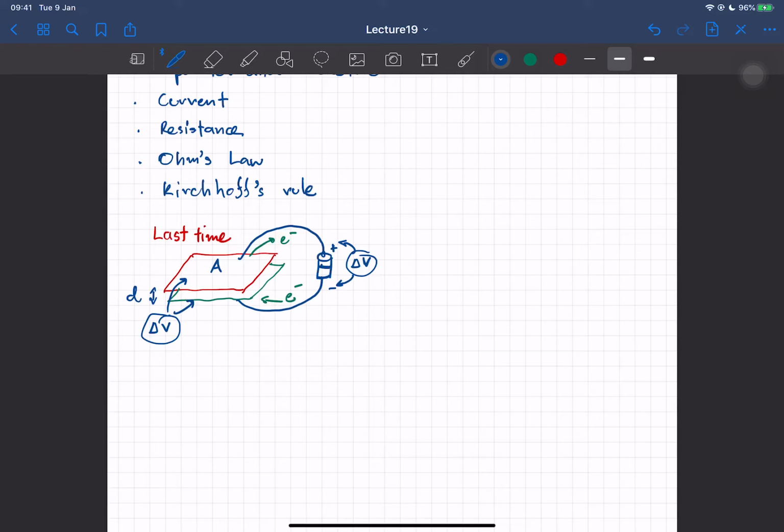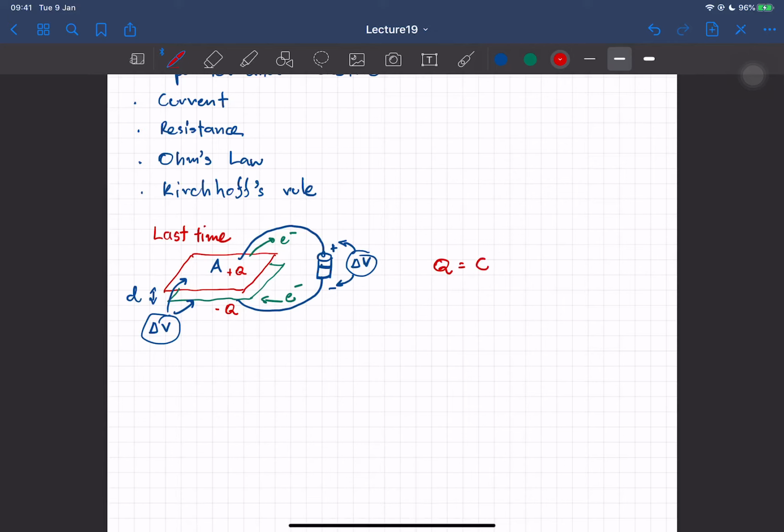Okay, and fully charged in the end means that there's going to be positive charge Q on the top plate and negative charge Q on the bottom plate like this. So we found out that the amount of charge appearing on the top plate, big Q, depends on mainly two things.